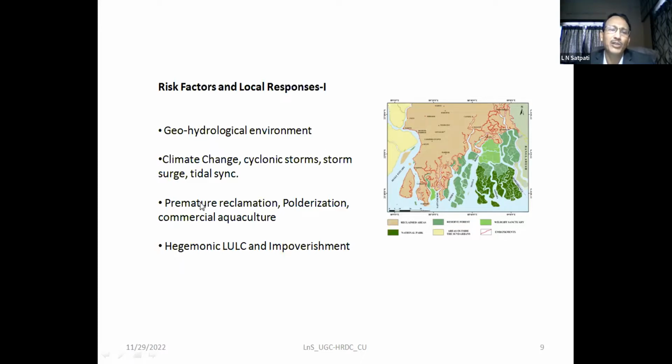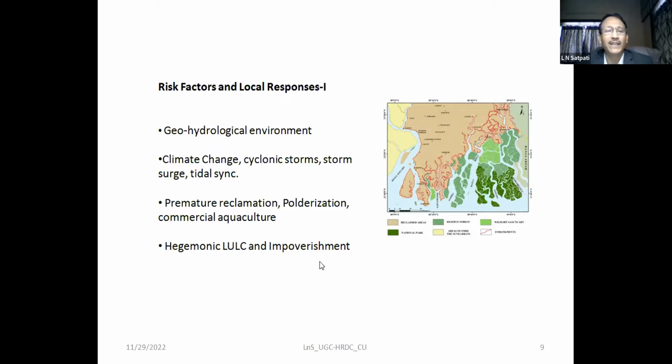So the risk factors, if we try to recapitulate, then these are the risk factors. And premature reclamation, the polarization, is a very important issue. But most importantly, the hegemonic LULC. Hegemonic means that during the recent past, almost after the globalization of economy, the opening up of our Indian economy, we have become export oriented.